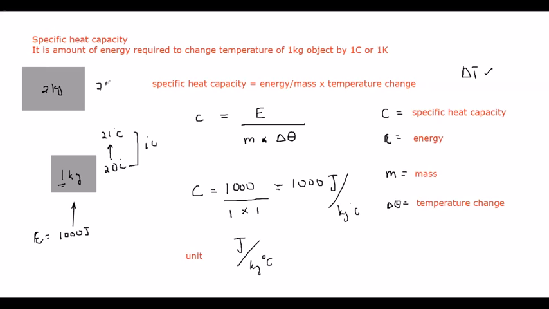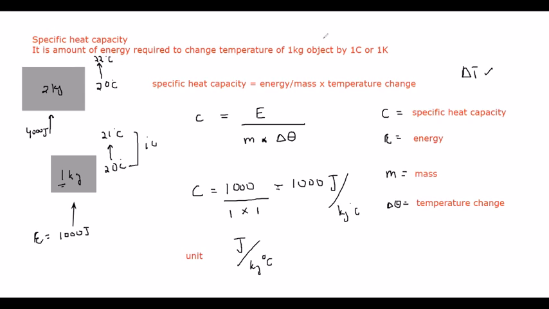And you supply energy so that its temperature changes from 20 degrees centigrade to 22 degrees centigrade, and the energy which you supplied is 4000 joules. The mass of the object is 2 kilograms. So what is the specific heat capacity for this object?